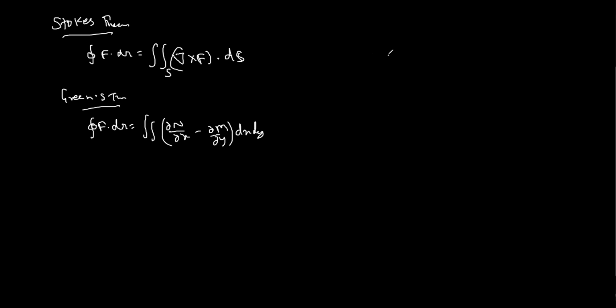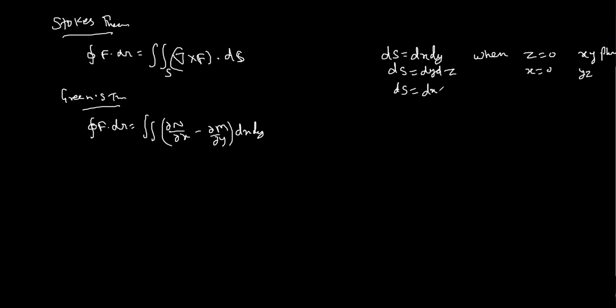Understood? dS is nothing but dx dy when z is equal to 0, or you can say on the xy plane. dS is dy dz when x is equal to 0, the yz plane. dS is dx dz when y is equal to 0, at the xz plane. Clear?